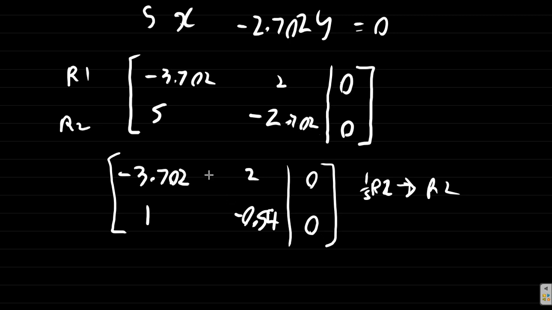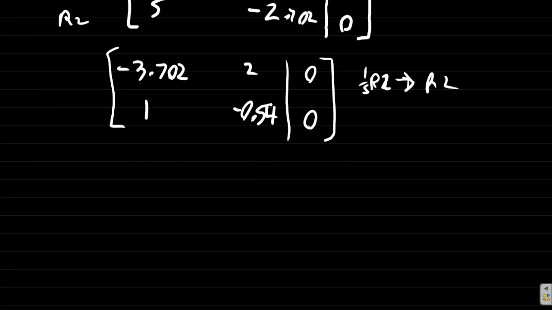Now suppose we divide row 1 by negative 3.702, which gives us our new row 1. What would happen?